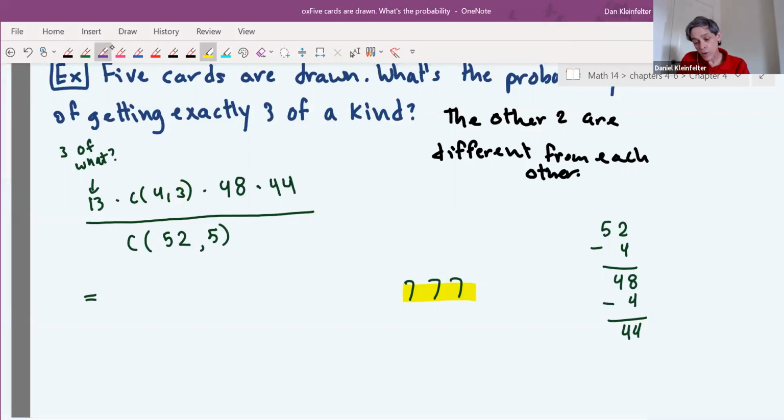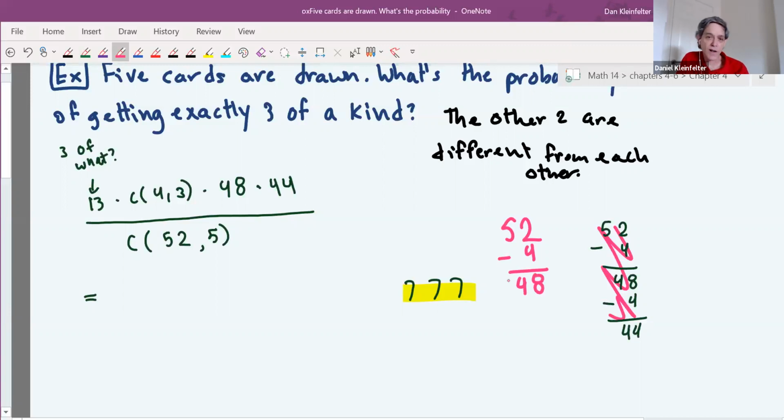So starting with a fresh deck of cards, we've decided the triplet's going to be 7s, so we're not having any more 7s in the rest of our hand. There are only 48 cards left. That's where this 48 comes in the numerator. After we've used the 7s, there are 48 cards left.